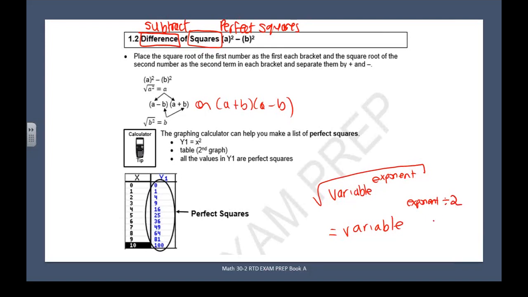So that's not in your notes, but I would definitely write that down. So we'll use these two things to be able to factor difference of squares.